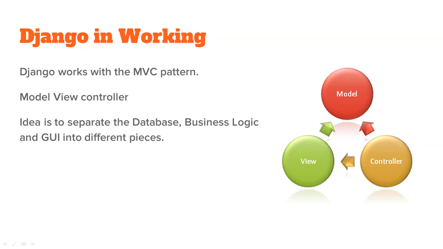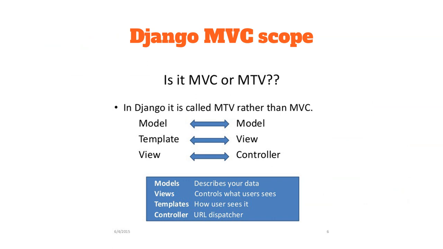Moving ahead, what we are going to understand now is the MVC pattern scope in Django. What I basically mean by this is that the terminologies available in Django are a bit different from the original MVC. The original MVC says model, view, controller. In Django, M is the same, that is model, but V, the view, becomes the template over here.